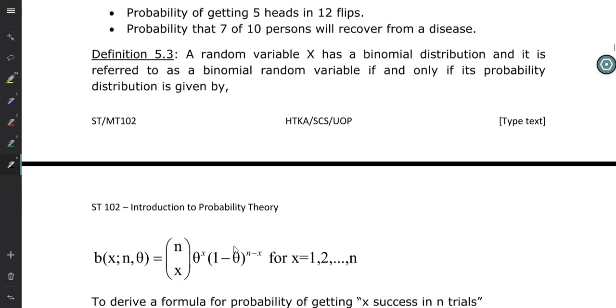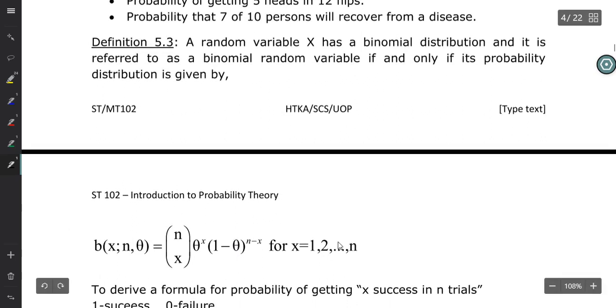If you look at the definition, you can find the PMF of the binomial distribution. A random variable x has a binomial distribution, and it is referred to as a binomial random variable, if and only if its probability mass function is given by n choose x, theta to the power x, 1 minus theta to the power n minus x, and x can contain values from 0 up to n.